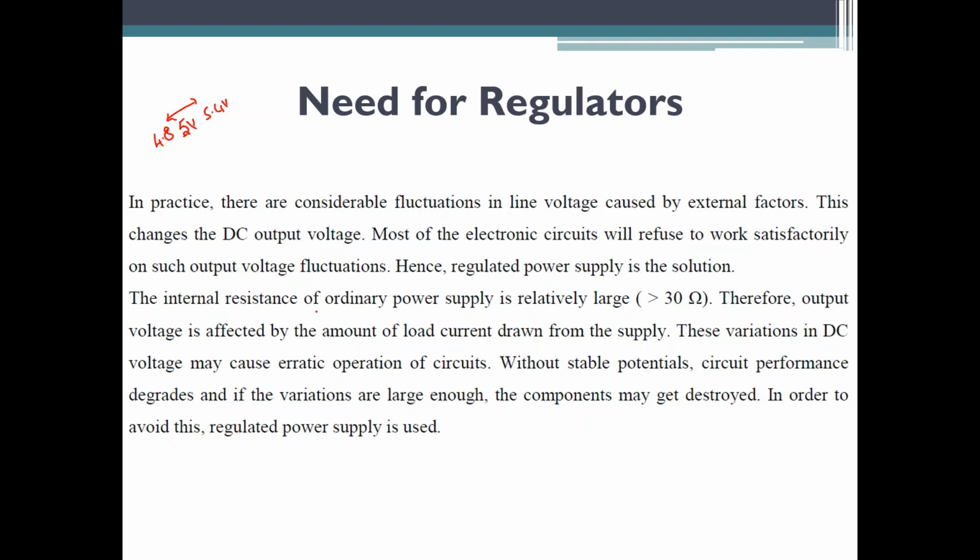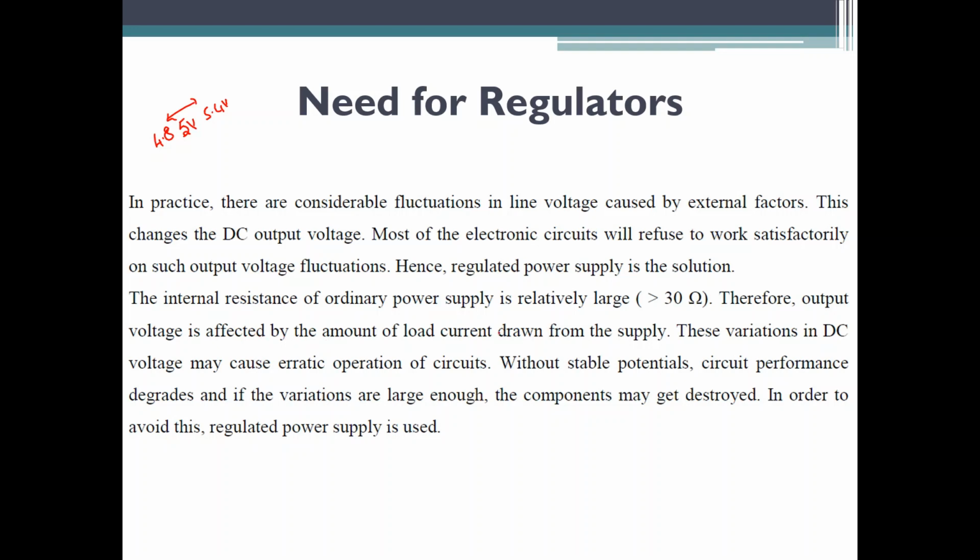Why can these variations happen, or what are the reasons for these variations in the output of a source? The internal resistance of the ordinary power supply is relatively large. Therefore, output voltage is affected by the amount of load current drawn by the supply.